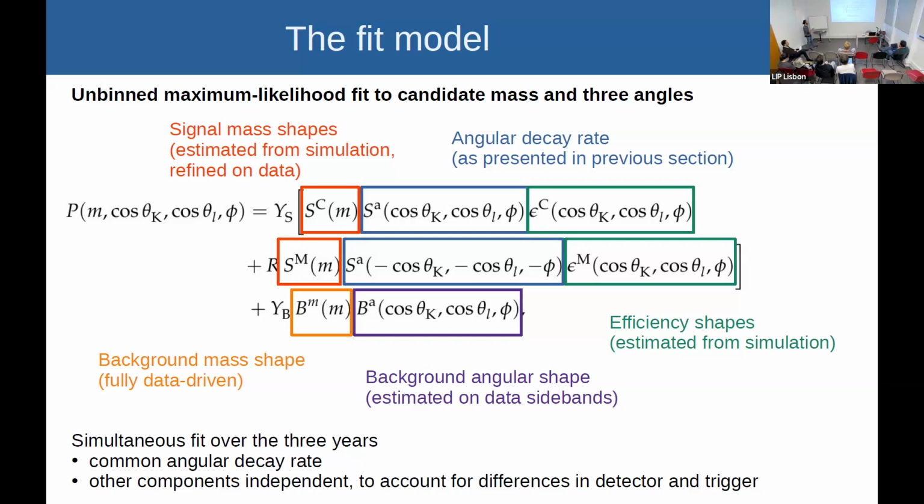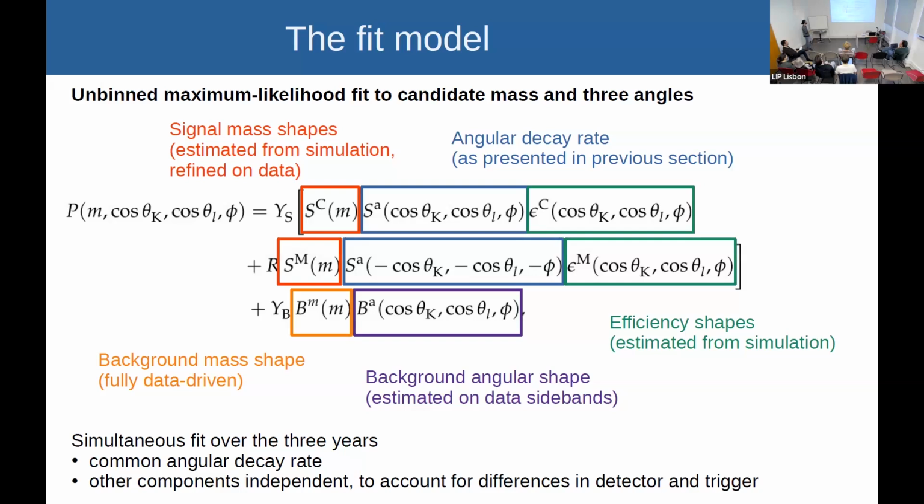So multiplying our expected shape by this efficiency should then return a model that is consistent with the angular shape that we would observe in the data. And this is done, as you can see, independently for correct tag and mistag events, and this is estimated on simulation.